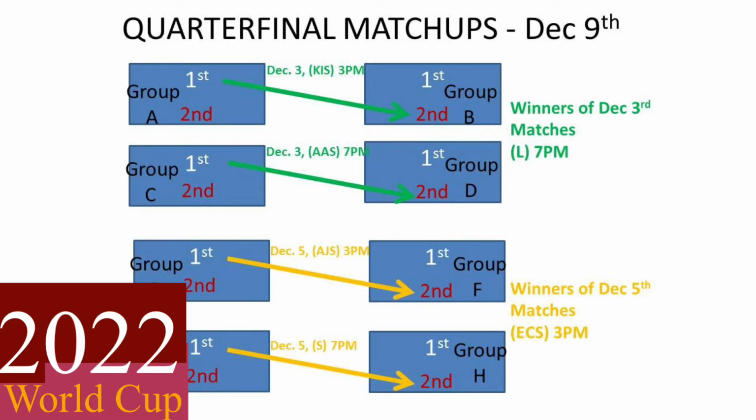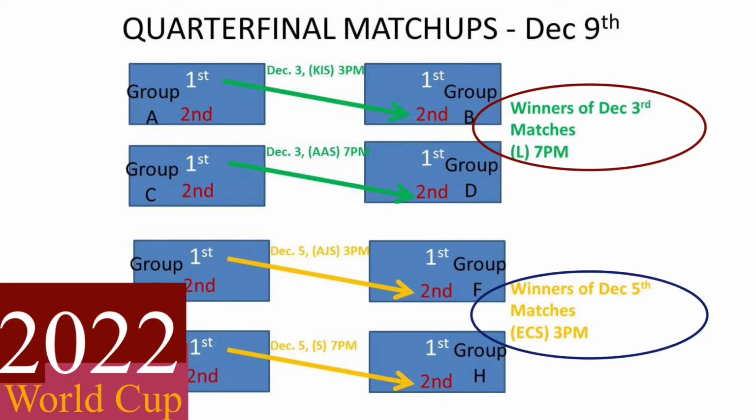Moving on to the quarterfinal matchups. December 9th, the winners of the December 3rd matches will play at the LaSalle Stadium at 7 o'clock, and the winners of the December 5th matches will play at the Education City Stadium at 3 o'clock.